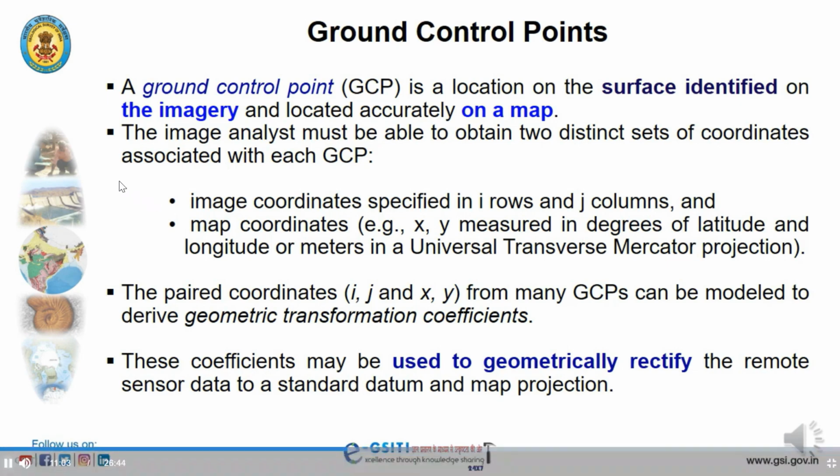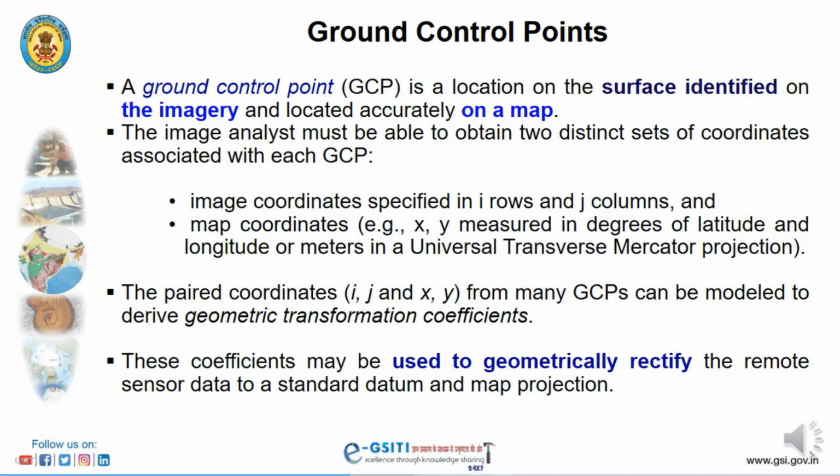That is, image coordinates specified in i rows and j columns, and map coordinates, for example x, y, measured in degrees of latitude and longitude, or meters if it is in a UTM projection.